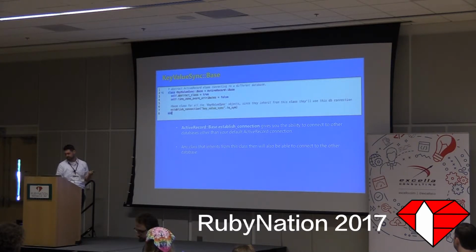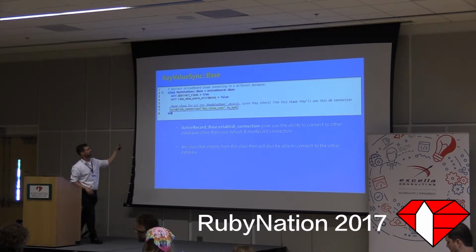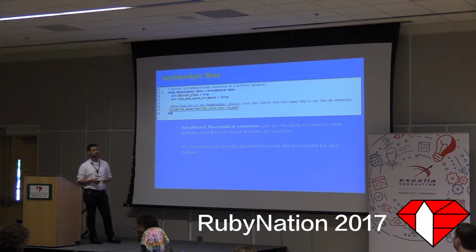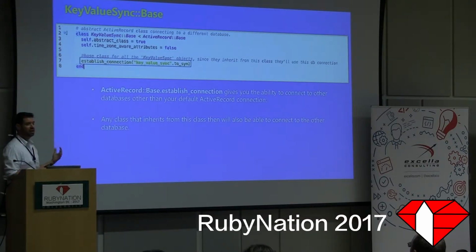Active Record gives us this right off of the Active Record base class. So the establish_connection method gives us this. And so what we do is we can give it another base connection property. In this example, we've got our own class, which we call KeyValueSyncBase, and it's just an abstract class.